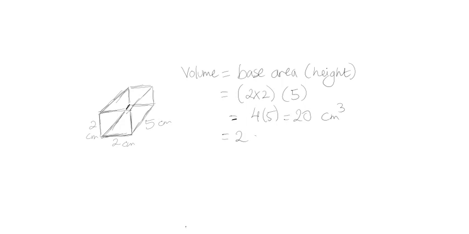So I'm multiplying 2 centimeters to 2 centimeters to 5 centimeters. So if you multiply the numbers only, 2 times 2, 4, 4 times 5, 20. And then if you multiply the units, centimeter times centimeter is centimeters to the square. Centimeter to the square times centimeter gives you centimeter to the cube. So this is how you get centimeter cube.